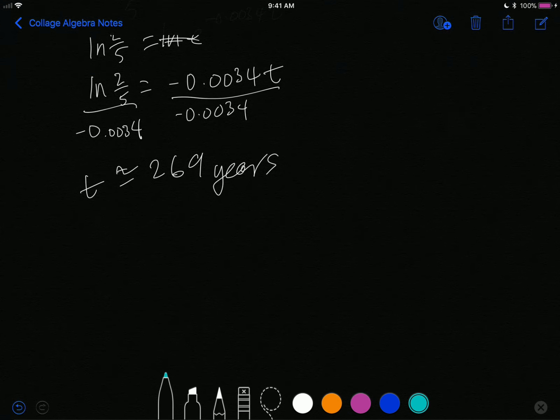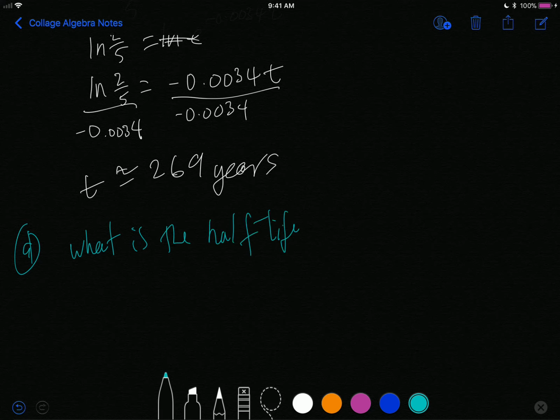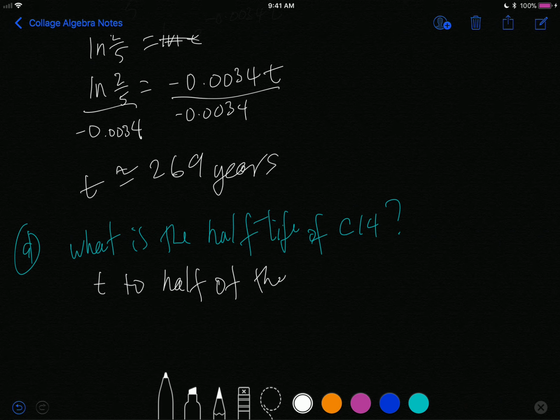The last question, D, is what is the half-life of carbon 14 in our example? Well, the half-life is the time it takes to get to half of the original amount.